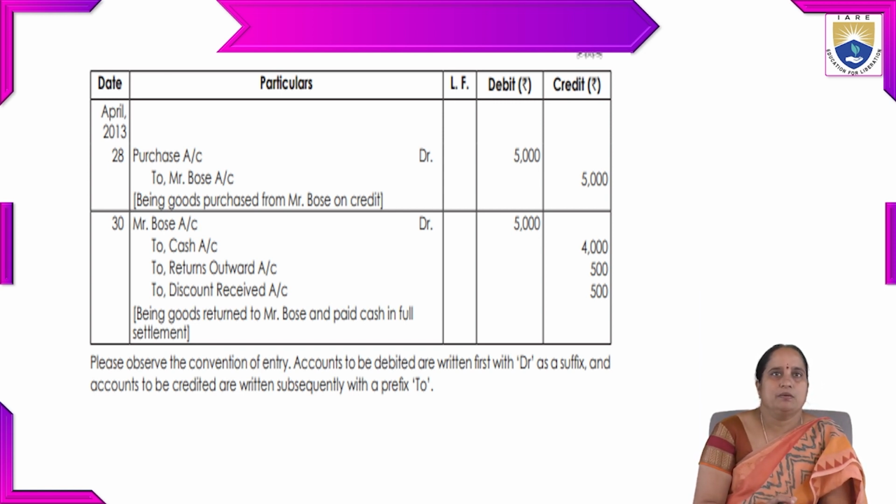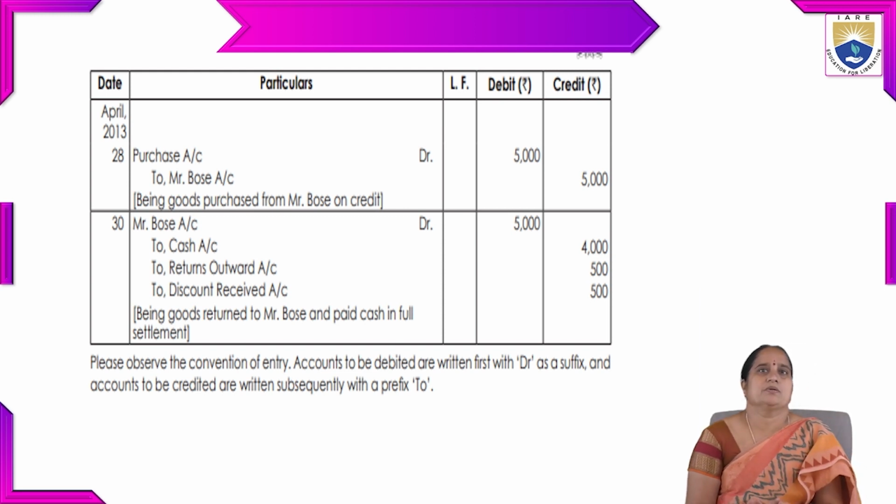On 30th April, Mr. Bose account to cash account to returns outward account to discount received account. Being goods returned to Mr. Bose and paid cash in full settlement. So total 5,000 debited to Mr. Bose account, and other 4,000 is paid in the form of cash, and we received discount 500 and returns outward account also 500.